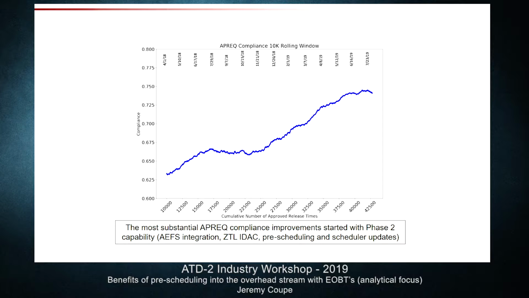What do I mean by phase 2 capabilities? We outline it here: once we started integrating the electronic flight strips, once we got Atlanta Center using IDAC, once we started pre-scheduling with the EOBTs, and finally some scheduler improvements that we implemented along with the phase 2 work.